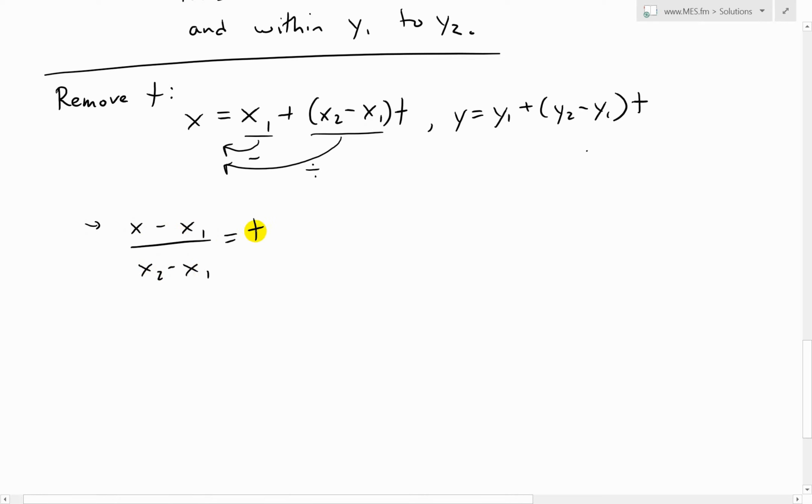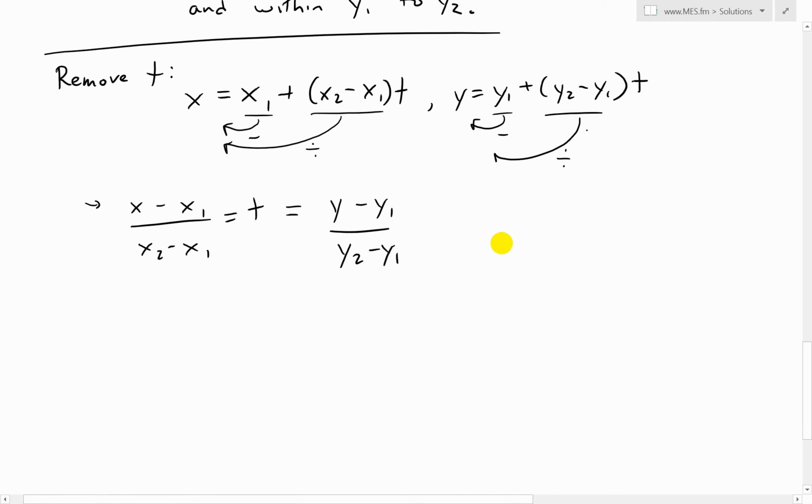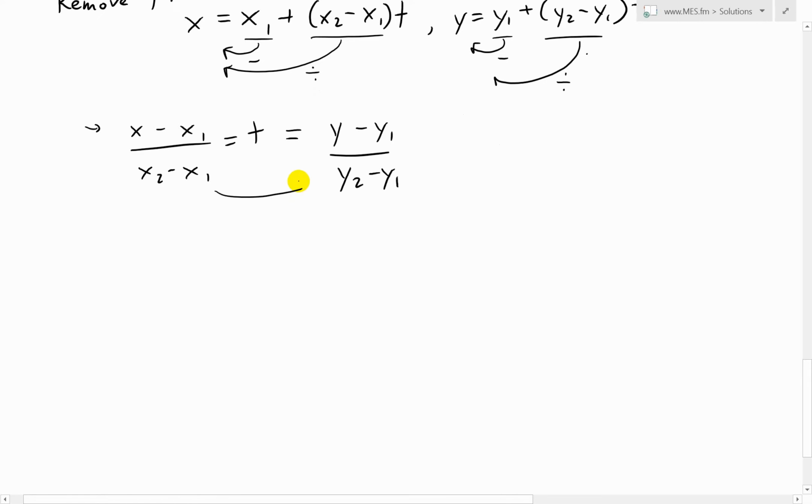And the same exact thing we could do here. We subtract here, divide here, and what we're left with is just t, which is the same thing here, so it's sharing a t value. So we have y minus y1 over y2 minus y1 like that.